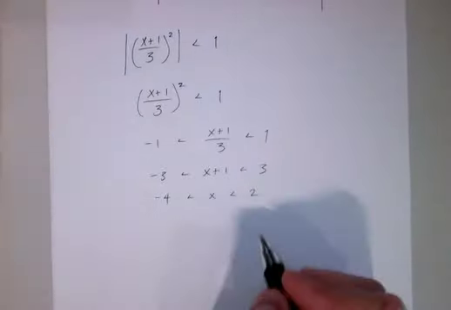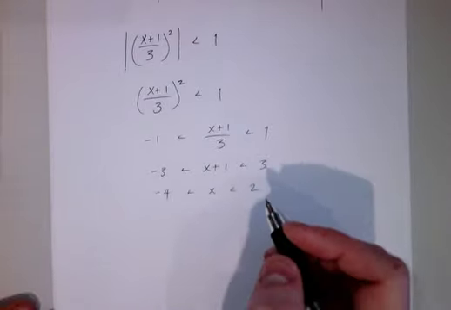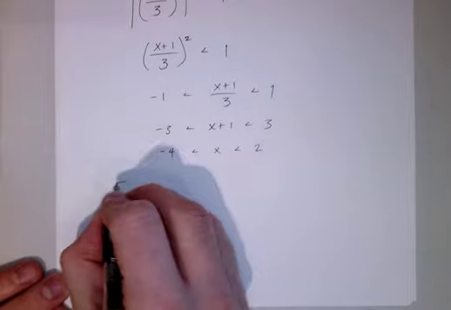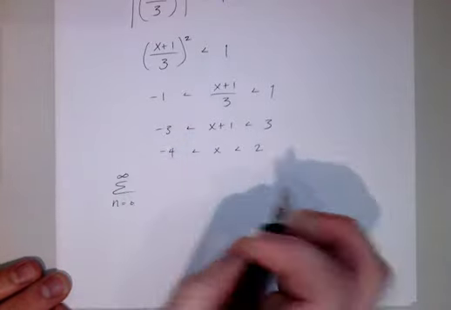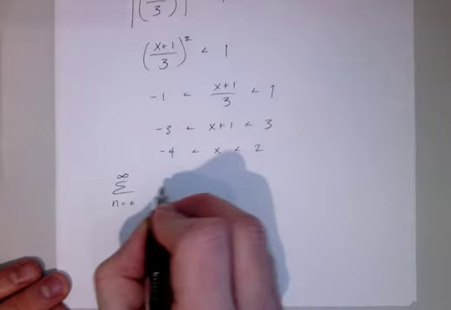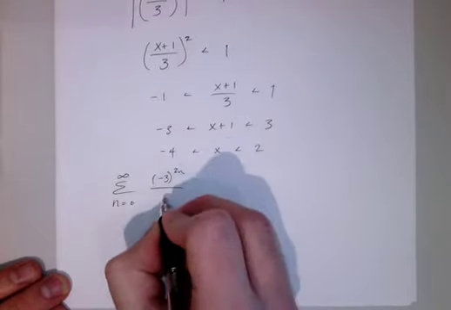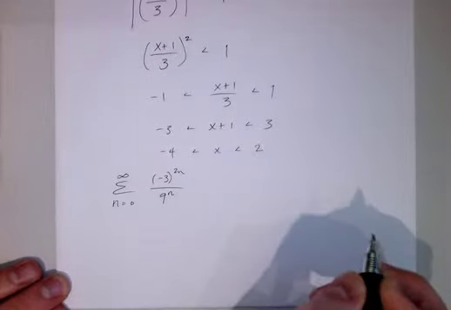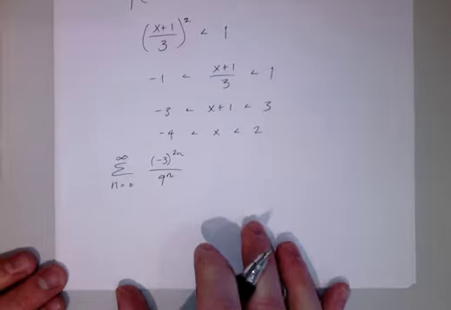So let's go ahead and check the endpoints right here, and we'll see what that gives us. So we have the sum from n equals 0 to infinity. Let's plug in negative 4, which winds up being negative 3 to the 2n over 9 to the n. Well, here's the thing: that's squared, right?